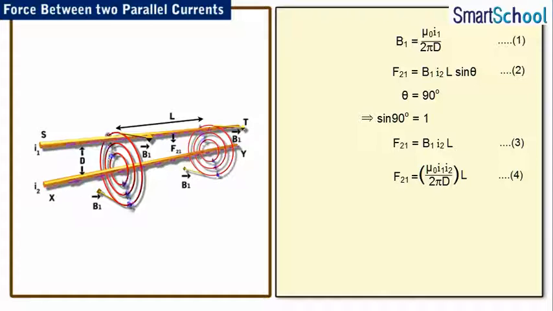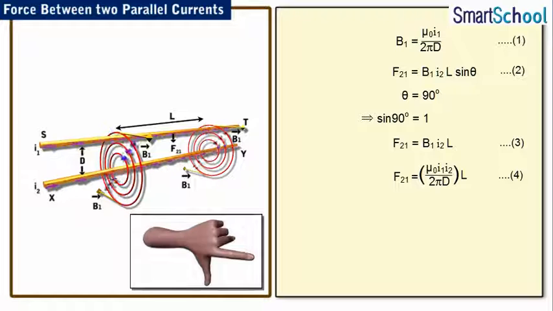The direction of the force experienced by the conductor ST due to the magnetic field produced by the conductor XY can be found using Fleming's left-hand rule. According to Fleming's left-hand rule, stretch the three fingers, thumb, four fingers, and central finger of your left hand mutually perpendicular to each other.